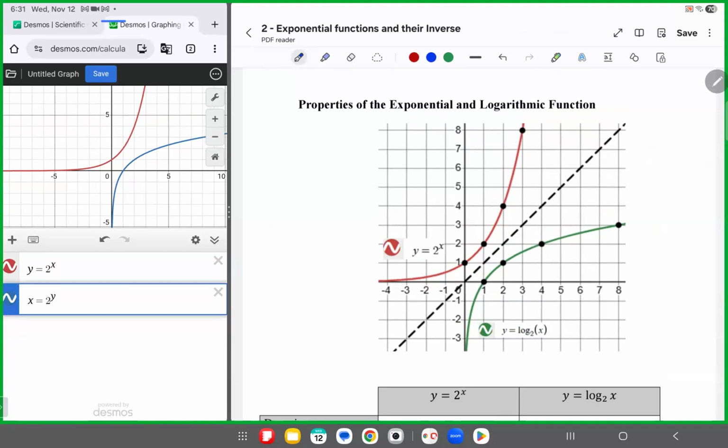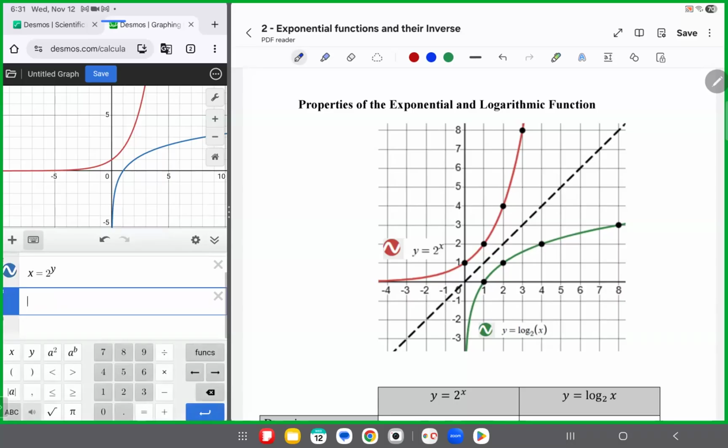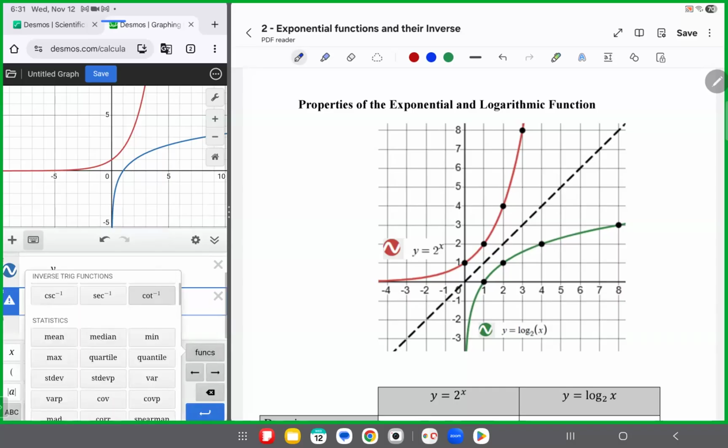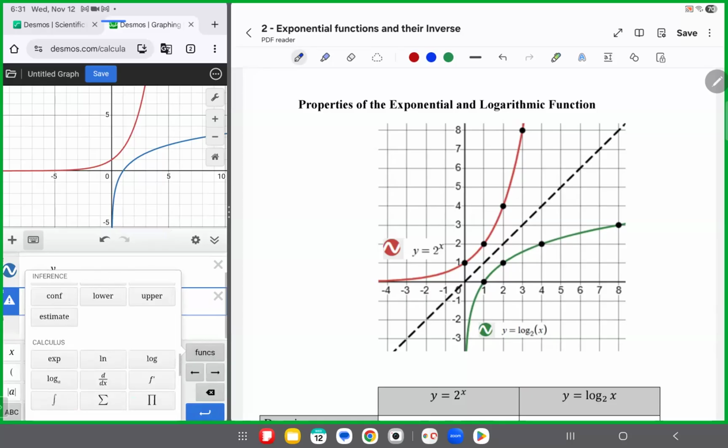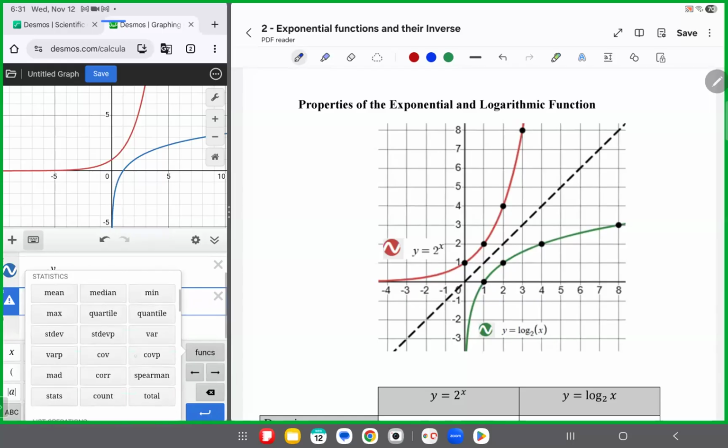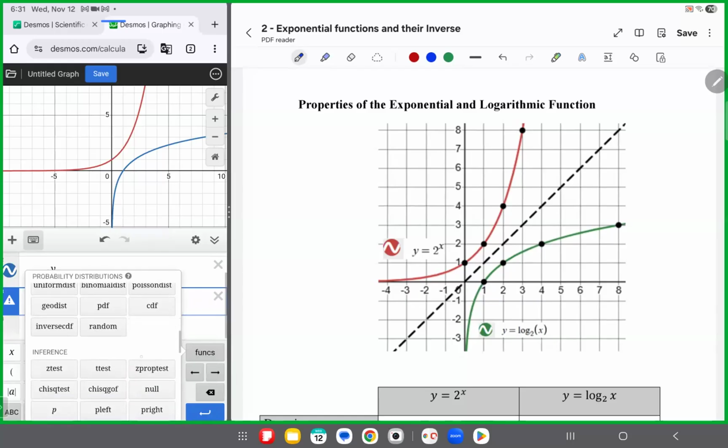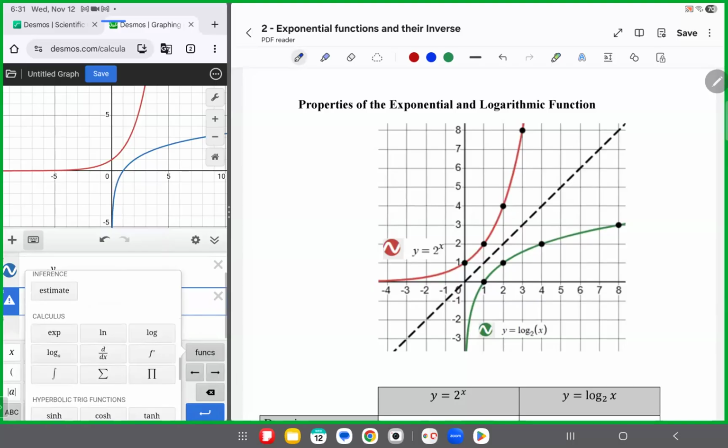I can't change the color on the Desmos one as easily. I got these from my computer. But I can show you that this blue curve is equivalent to this y is equal to log base 2 of x. So if I type in y is equal to function, there's a log base a button, so I'm going to click that.